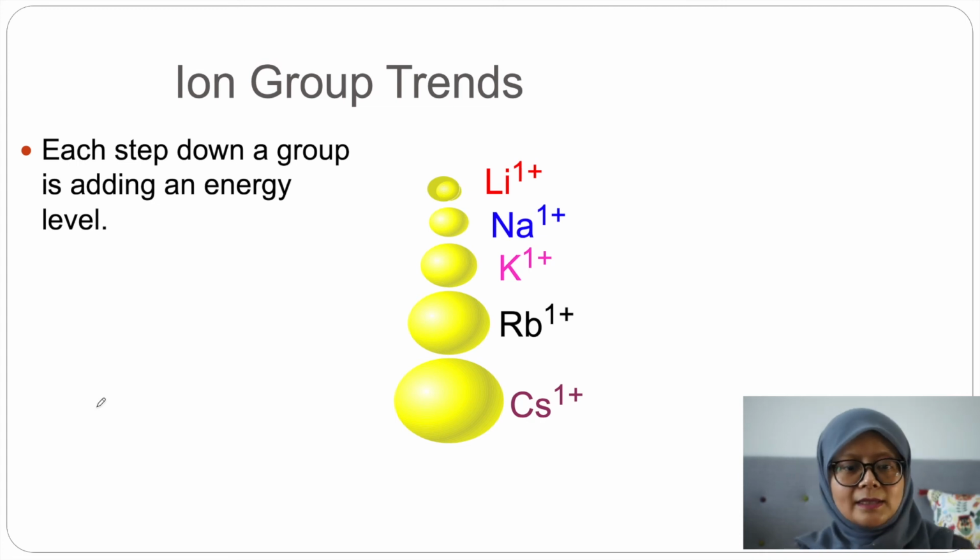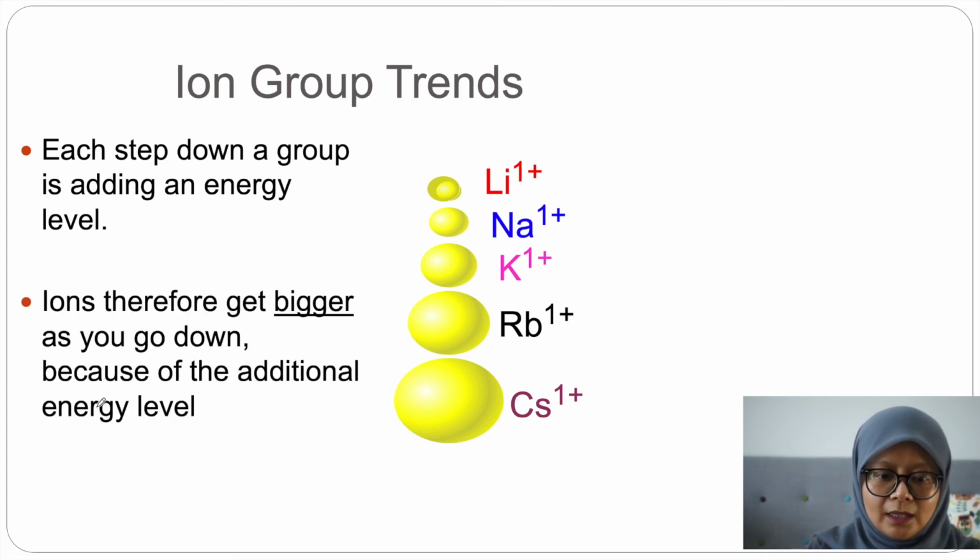So this is the ion group trends. Each step down the group, we have an additional number of levels, or what we call orbitals, and the ions therefore get bigger as you go down because of the addition of energy levels.